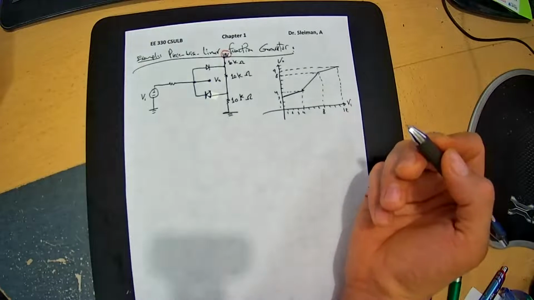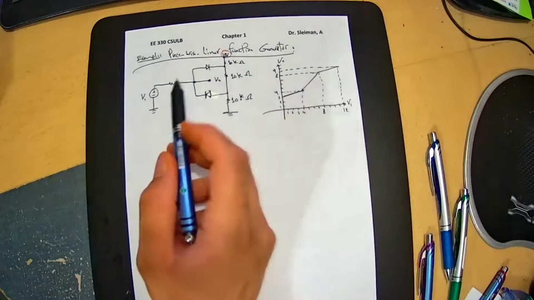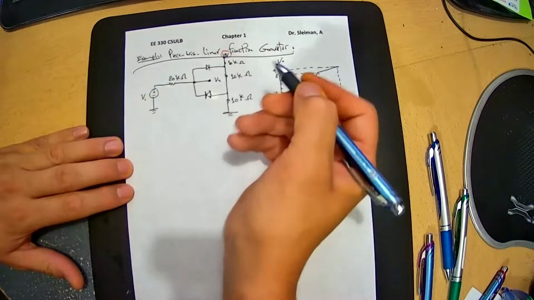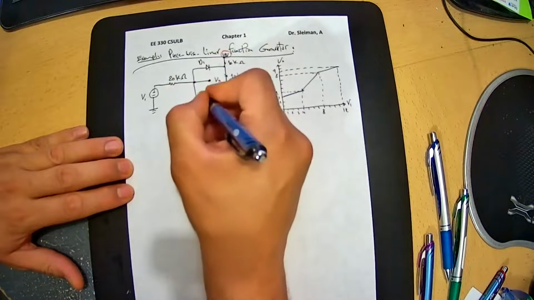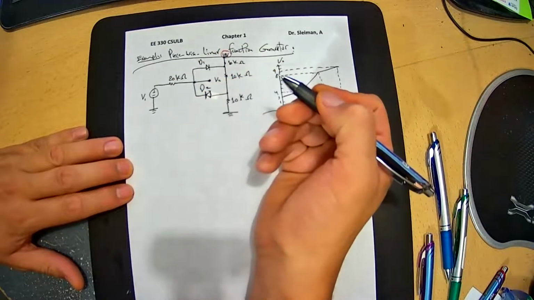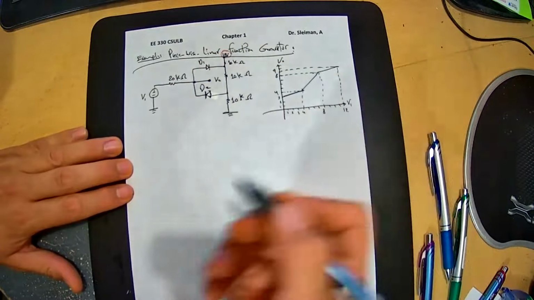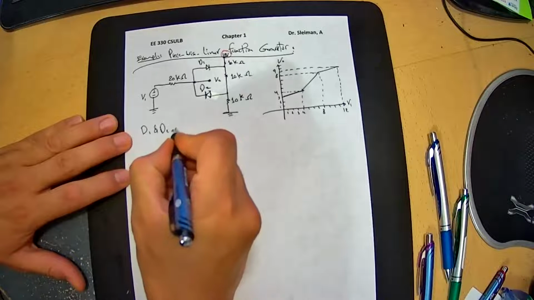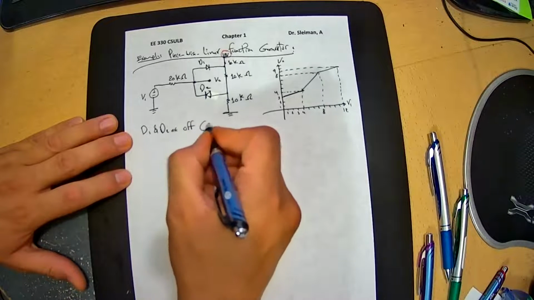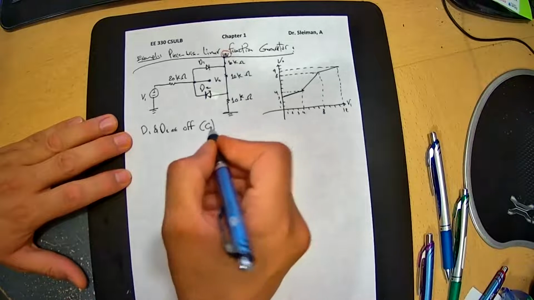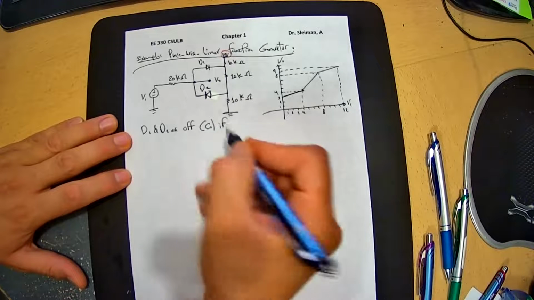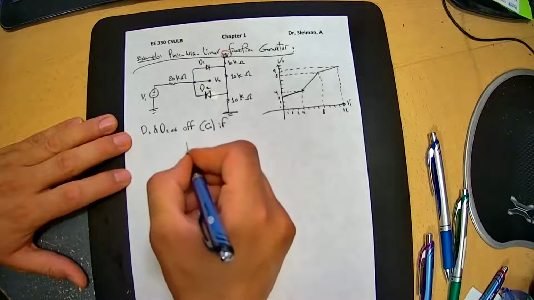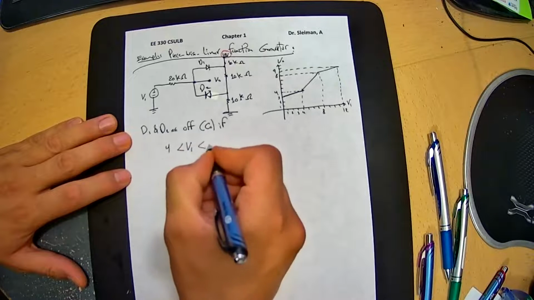Okay, so with both diodes off, we have 20K here. And we're going to name this one as D1 and this one as D2. So D1 and D2 are off, cutoff region, when V1 is in between 4 and 8.